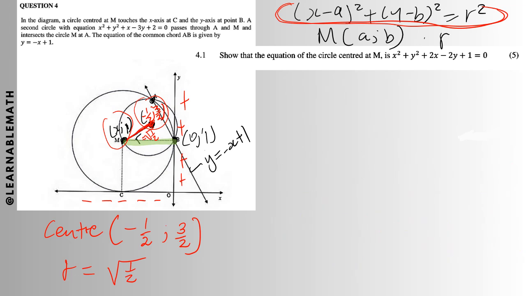Okay. So from the distance formula, the radius is the same as the root of x at M minus the x at the other circle's center, which is minus 1 over 2, this is squared, plus y at M, which is 1, right?